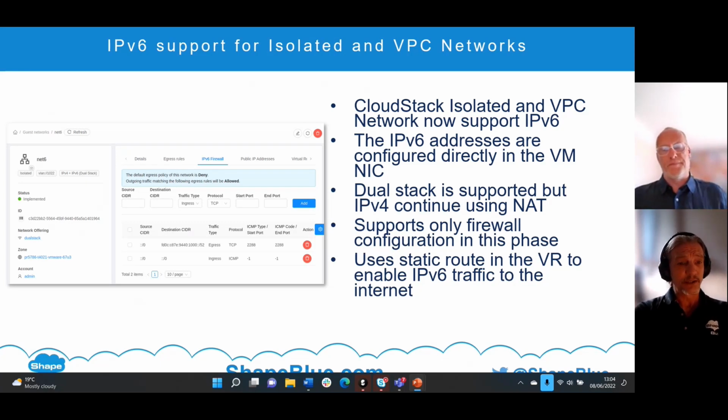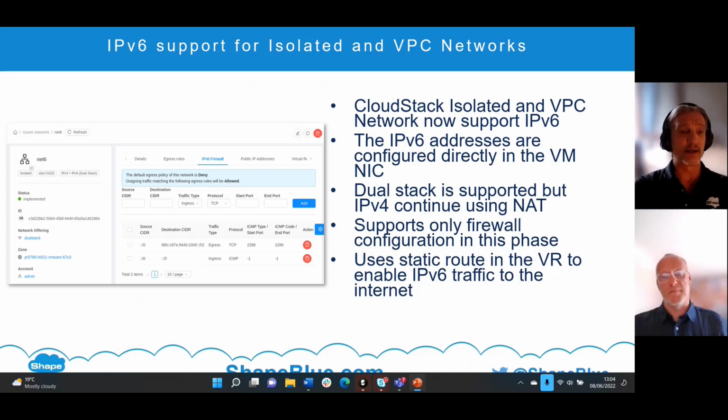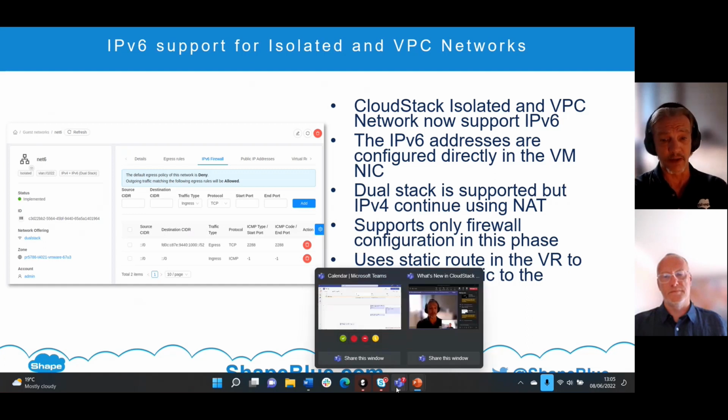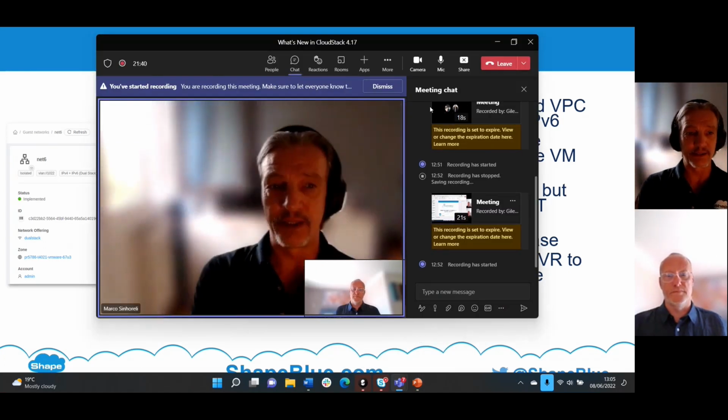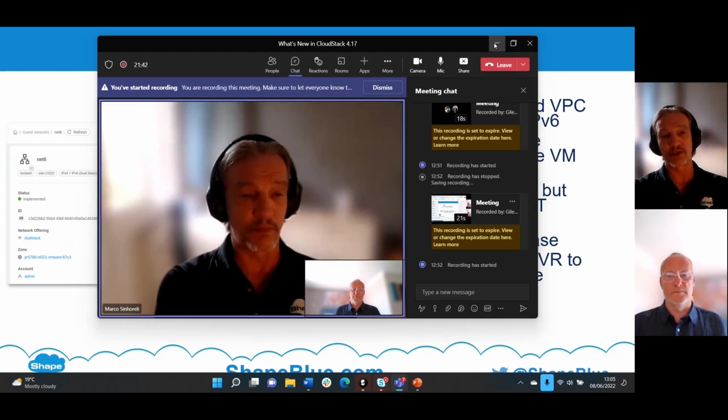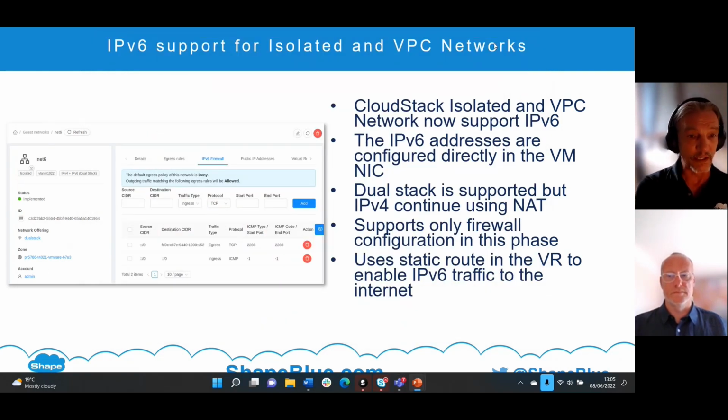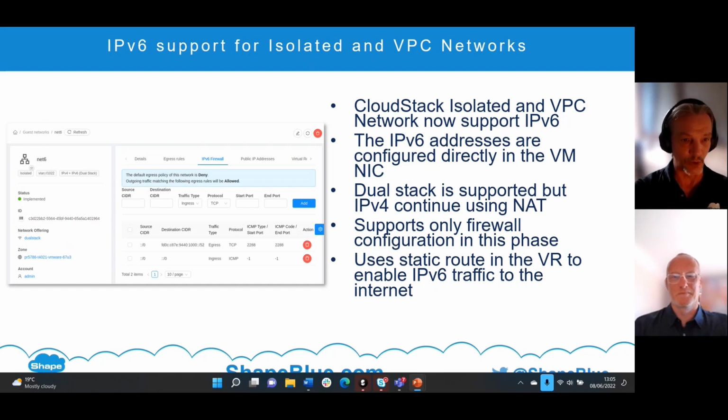Yeah, the first thing is that IPv4 is ending. You don't have more IPv4 available. Then what you can do is implement IPv6 in isolated and VPC networks, which enables users to use IPv6 directly in the virtual machine.